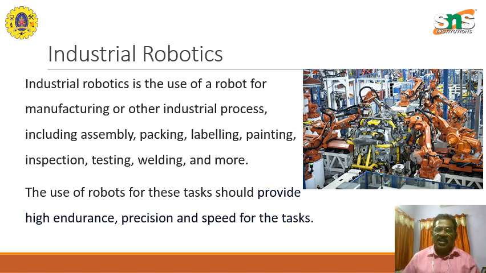High endurance means that the value should not change between the first and the second. It should be able to withstand all the various challenges that come in the atmosphere of the environment where the robot is being used.